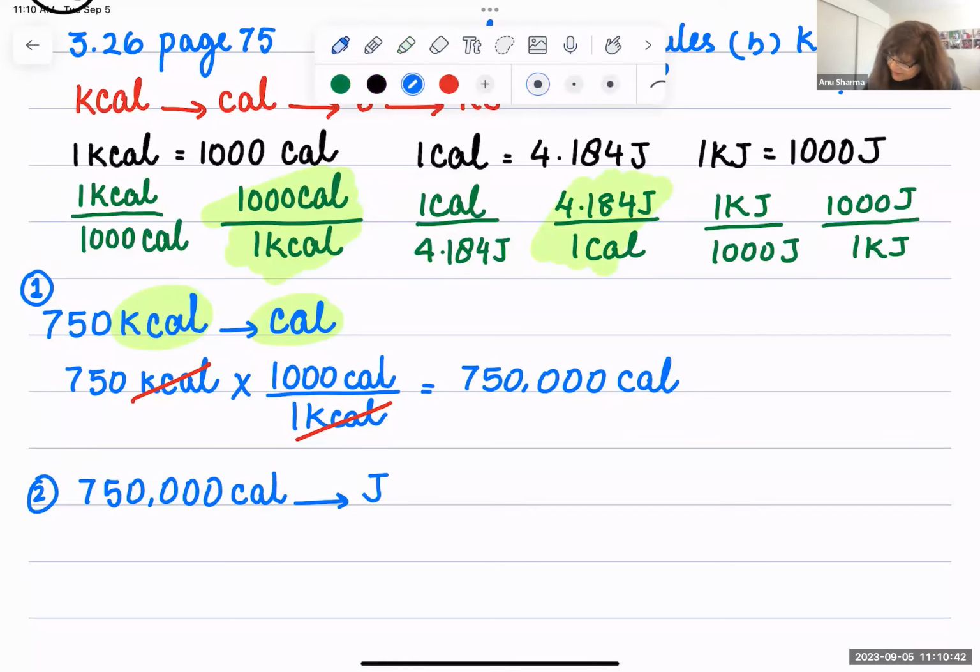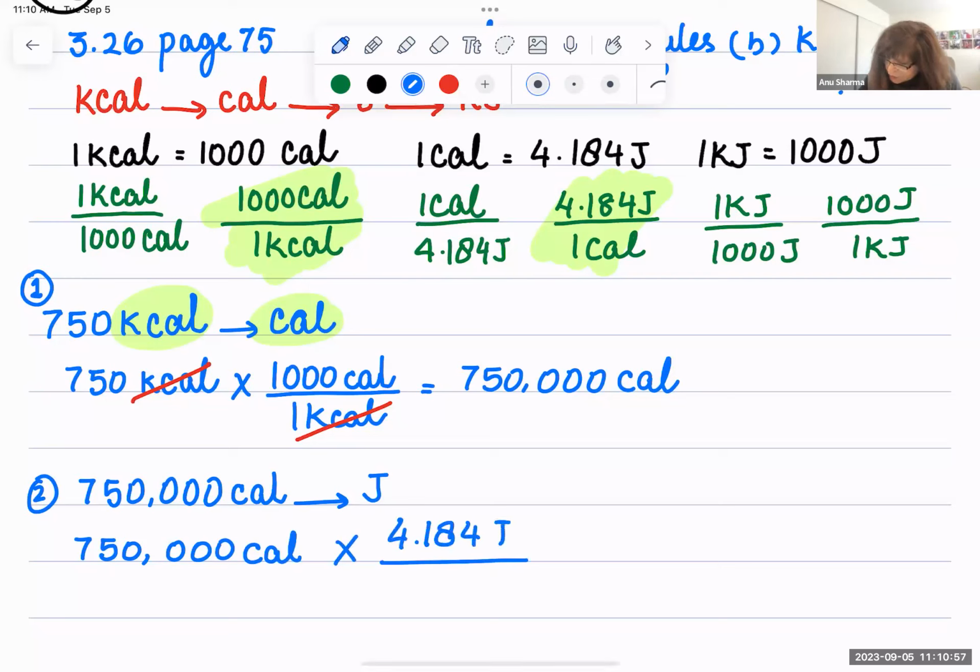So we write 750,000 calories multiplied by 4.184 joules over 1 calorie. Now you see that the calorie and calorie cancel out and you are left with a big number.